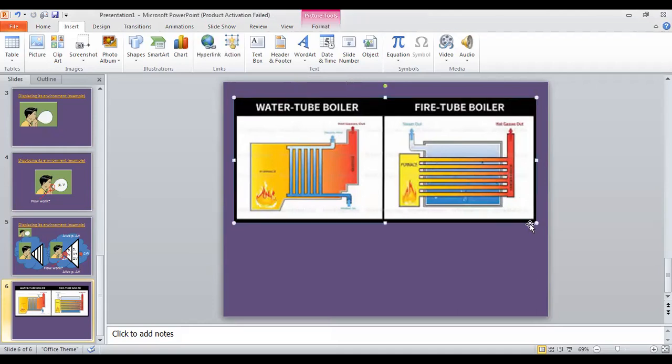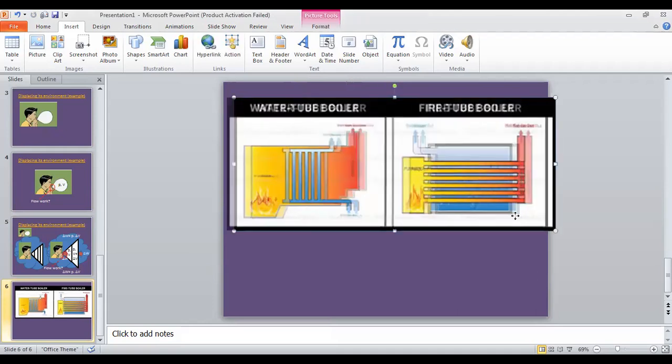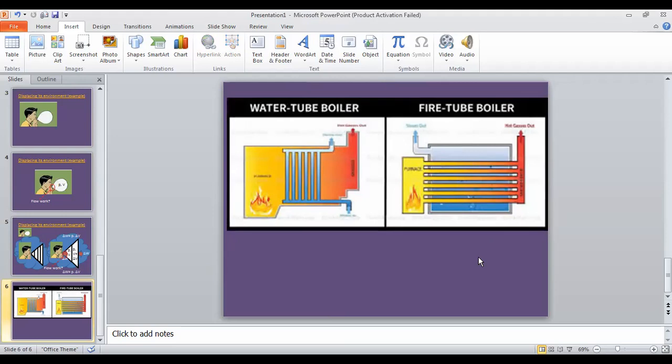Water tube and fire tube boilers. Anyway, I got this from the net. Let's say in a water tube, water comes here into the main manifold and then is distributed into individual pipes running up, then all connected to a common manifold and leaves. That is steam. Even here, the fire tube, the fire is here.